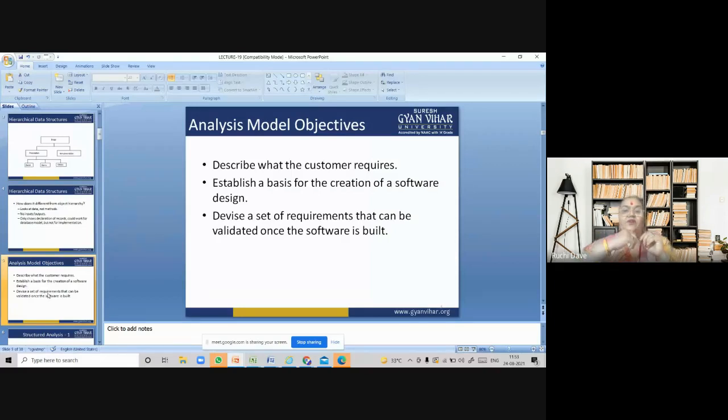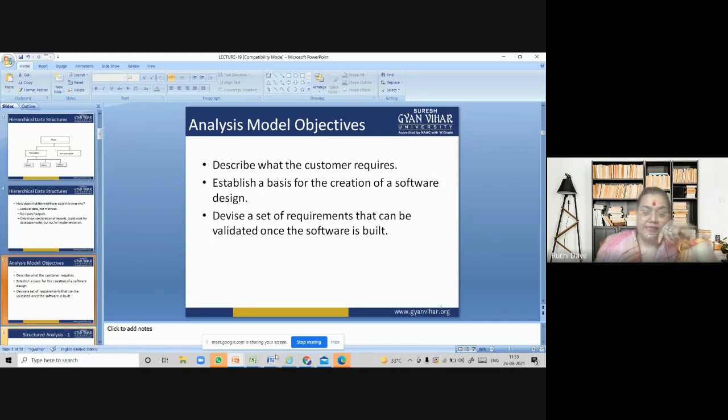The analysis model describes what the customer requirements are, and the basic foundation for the creation of a software design is established using the analysis and design.